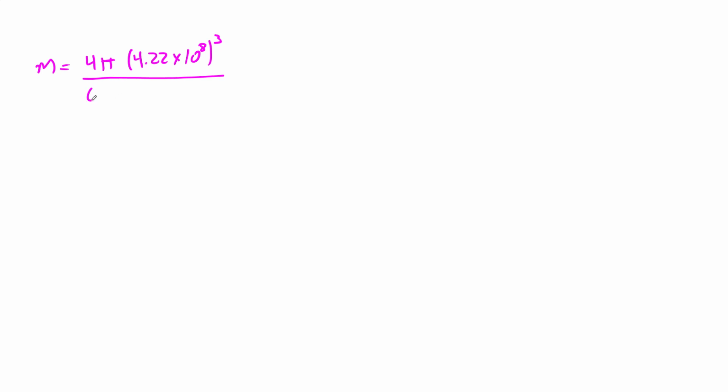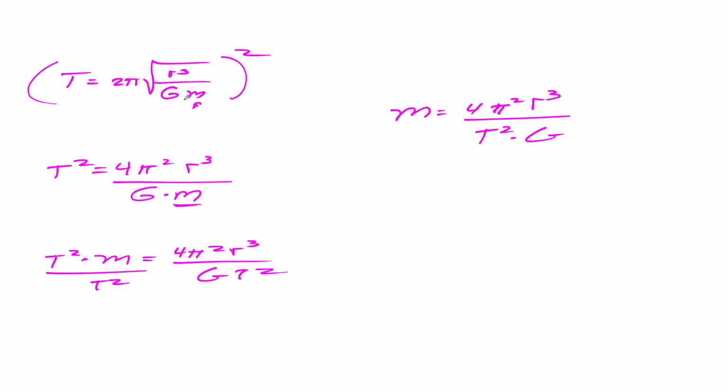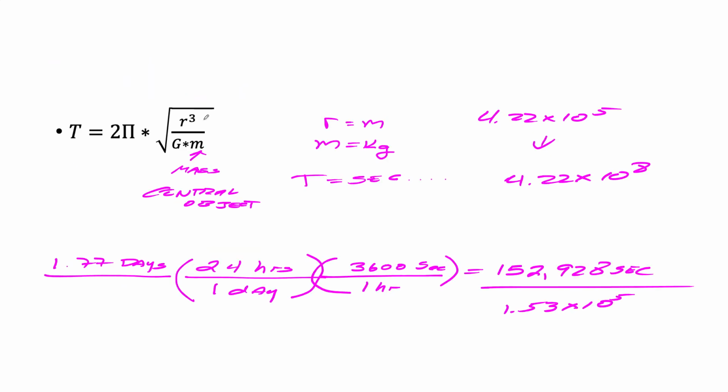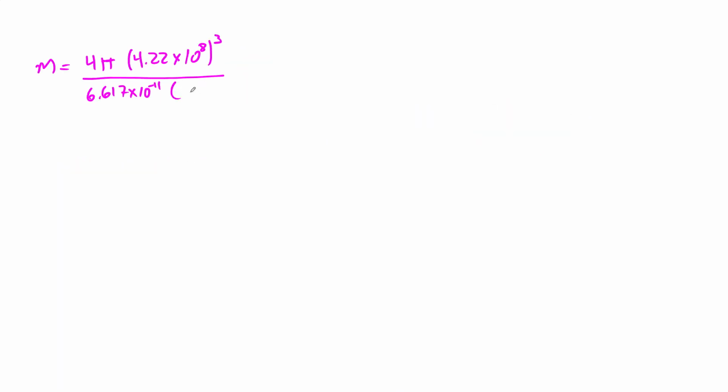Now G is 6.617 times 10 to the minus 11th times T squared, and we need T in seconds. So that's 152,928, and we'll square it.